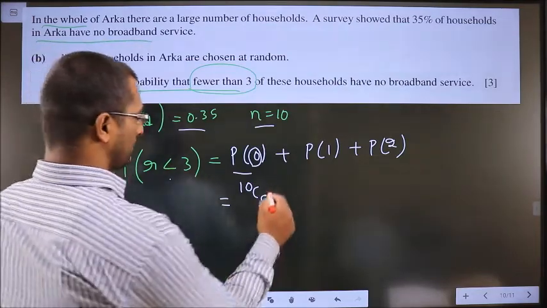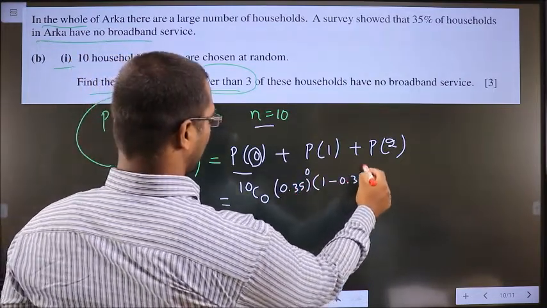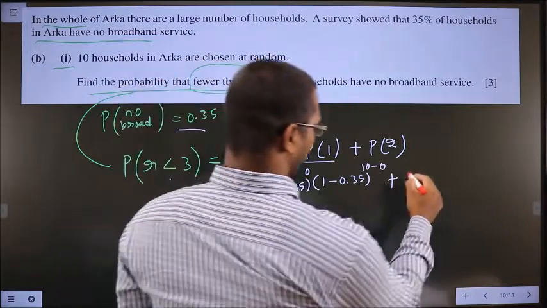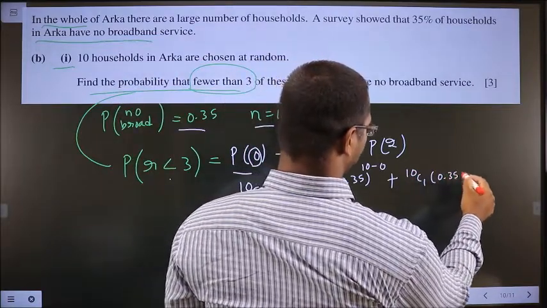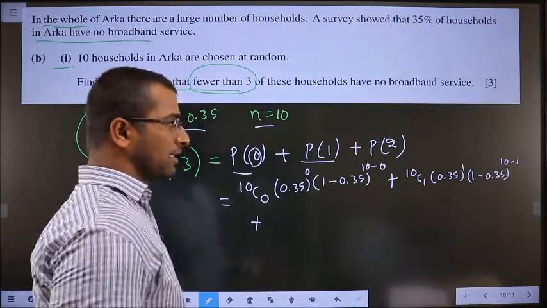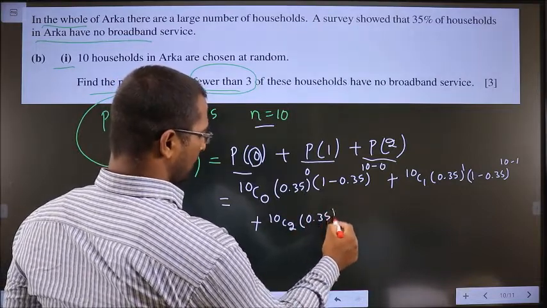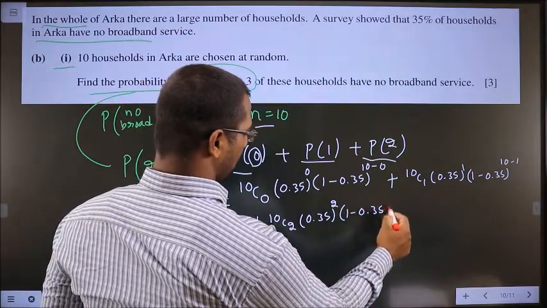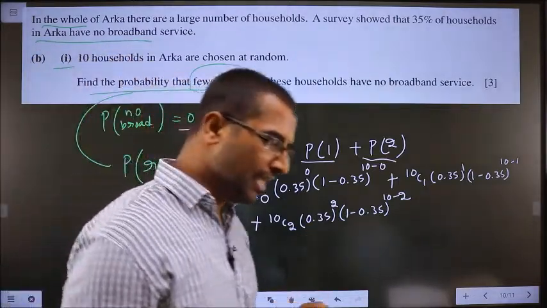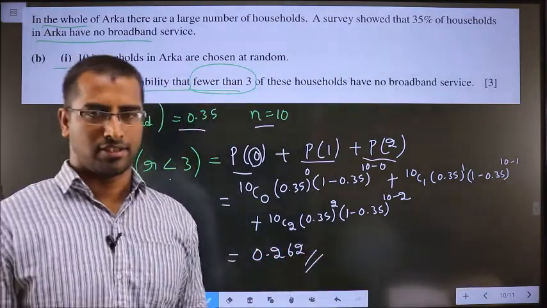So 10C0 into p to the power r, 0.35 to the power 0, into (1 minus 0.35) to the power 10 minus 0, plus, for P of 1, 10C1 into 0.35 to the power 1 into (1 minus 0.35) to the power 10 minus 1, plus, now for P of 2, 10C2 into 0.35 squared into (1 minus 0.35) to the power 10 minus 2. Clear? Put it all in the calculator at once. You get the answer to be 0.262.